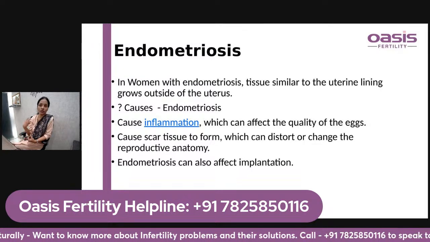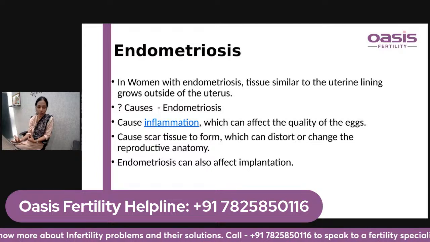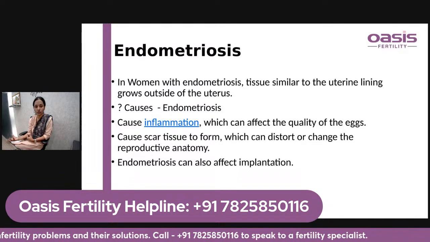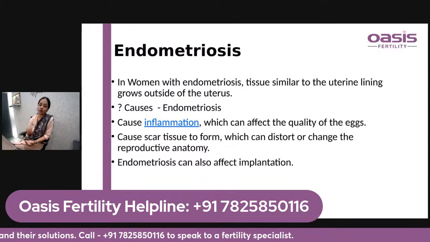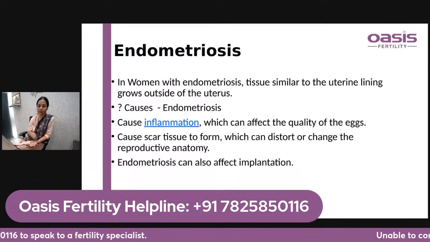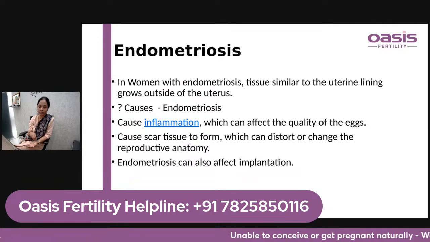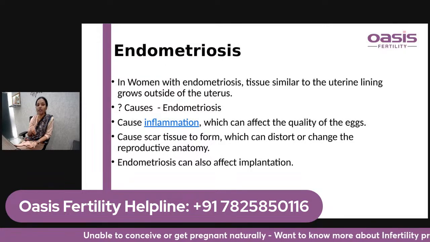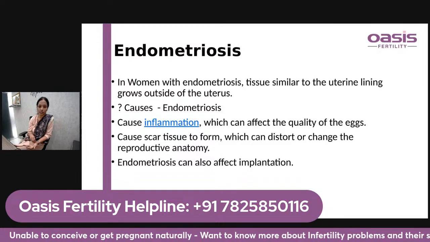By then endometriosis can progress to stage 3, stage 4. At that time it can cause difficulty when she is trying for the second time. So what I mean is endometriosis can be a problem for a couple having secondary infertility, and hence it needs evaluation to identify the stage of endometriosis.